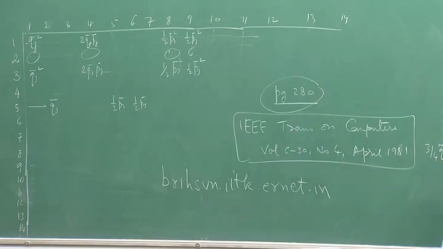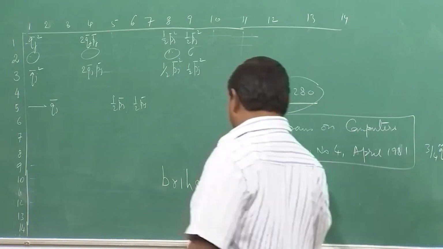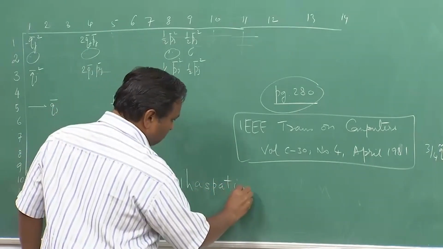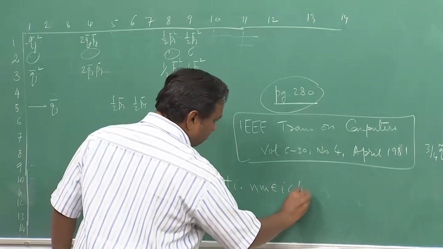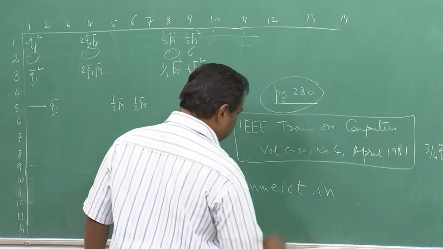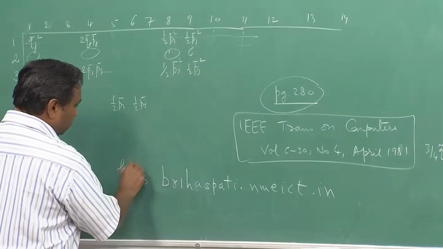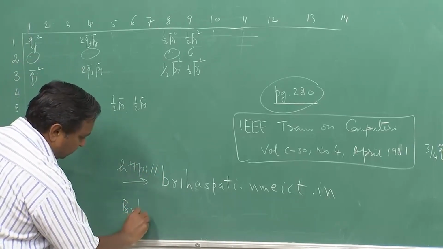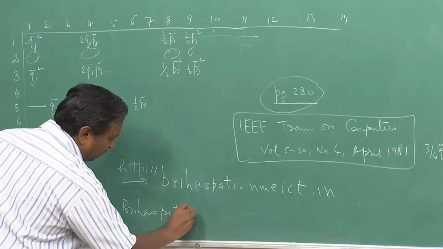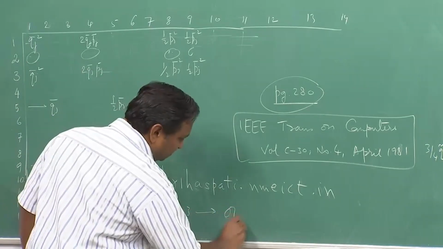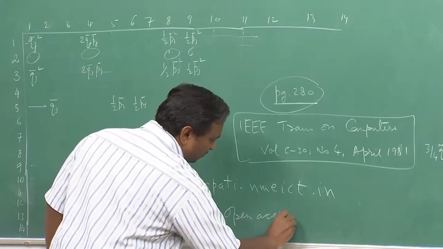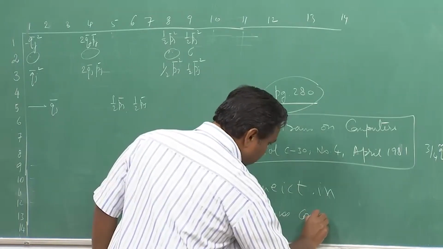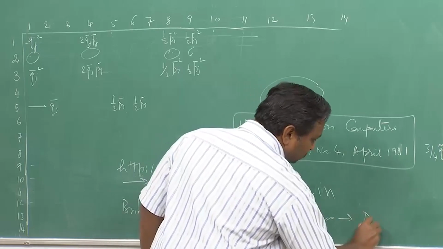Sorry, this is a wrong URL. So, you can actually go here, go to this particular URL, go to Brihaspati-3 which is mentioned there, go to the open access courses, or you can register yourself as a student in a course on digital switching and go to digital switching.